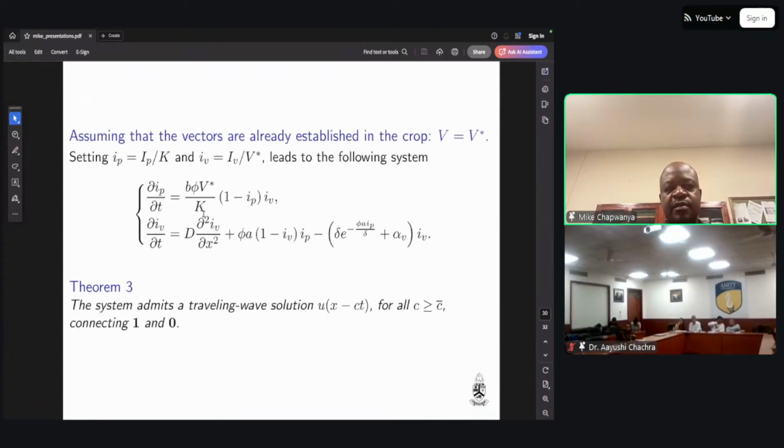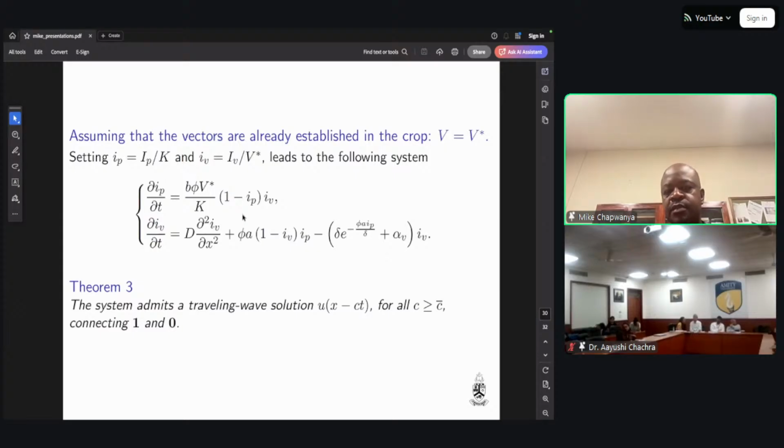Now, one can also look into a subcase where the vectors are already established in the crop, which means we have V equal to V star, so the whole crop is infected. Again, with a little bit of simplification, you end up with a system of two equations as given in this case.